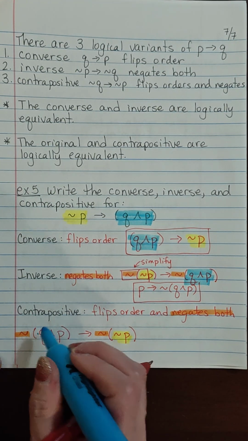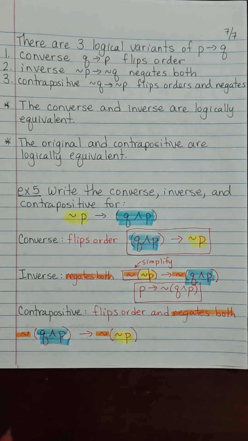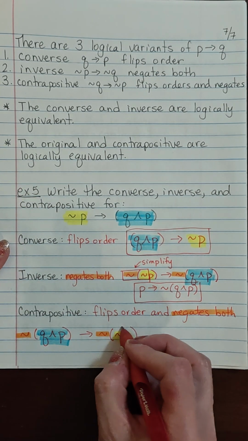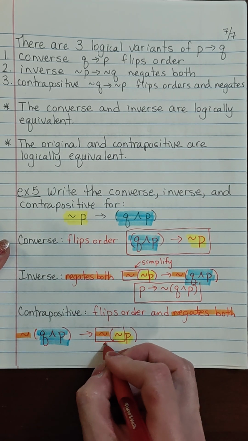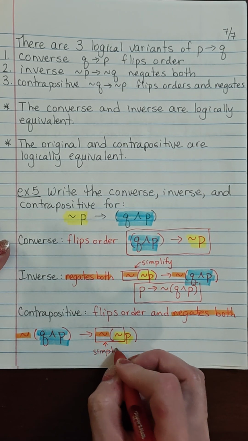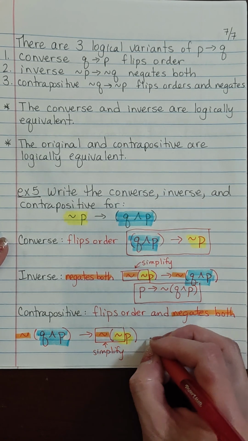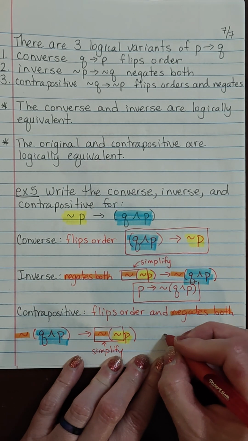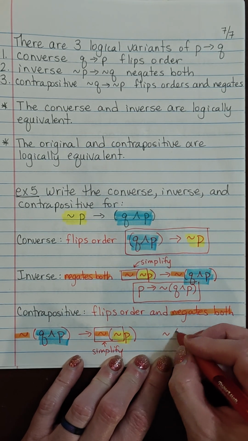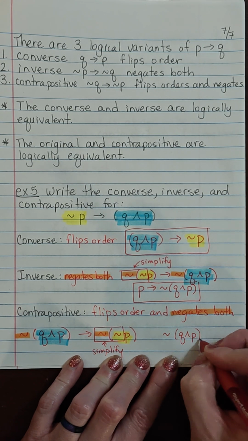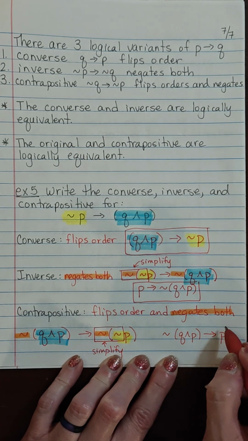So you can see now that the blue is coming first and the yellow is second. Just like with the inverse, I'm going to simplify this. All right, so my final answer is going to be not Q and P implies plain old P.